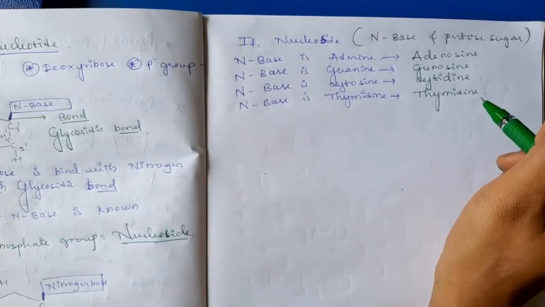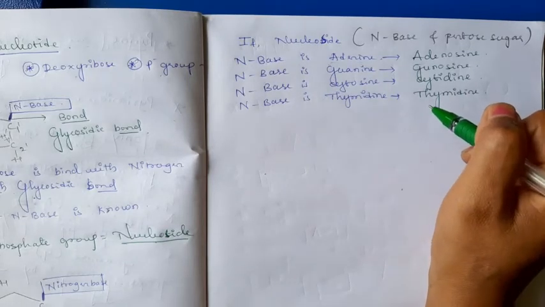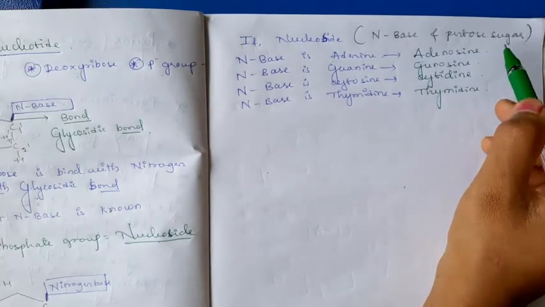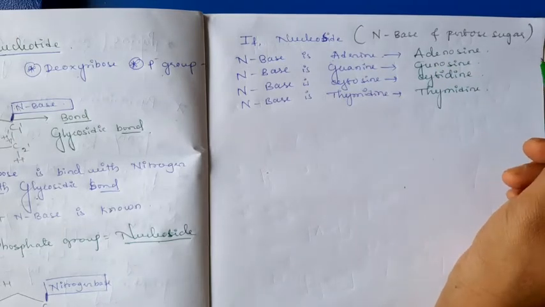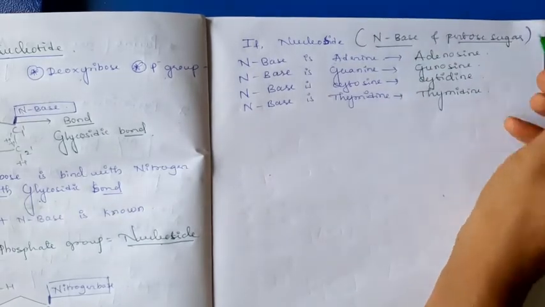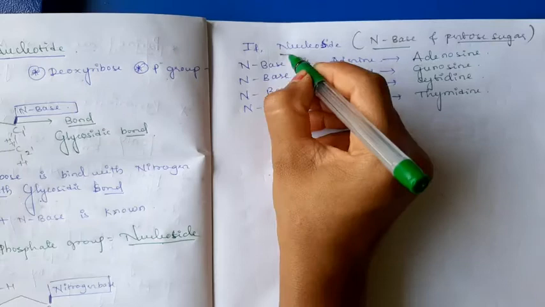It's very simple. You have to remember here the presence of pentose sugar changes the name of the nitrogen base. Okay, aggregation of a nitrogen base with the pentose sugar with the glycosidic bond is known as a nucleoside.